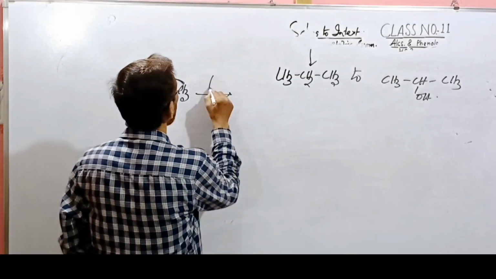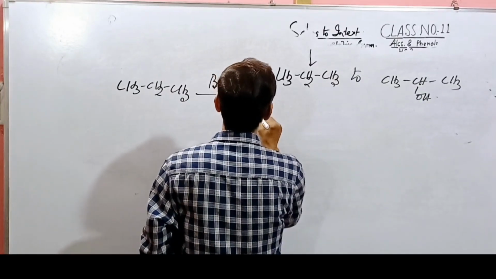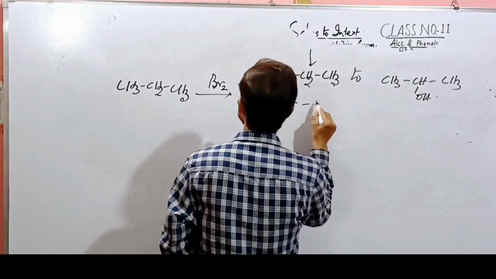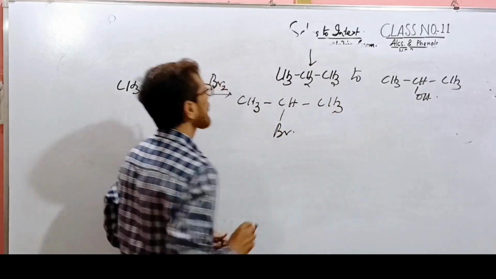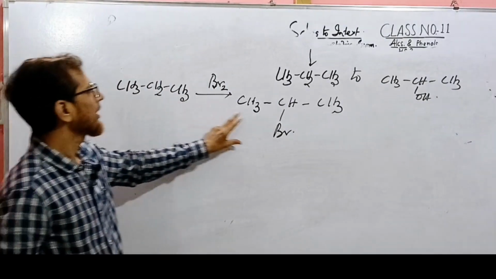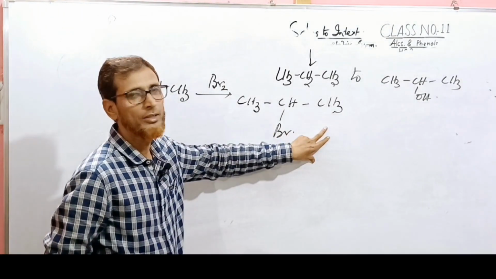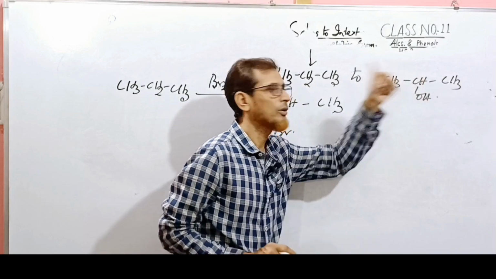So you use bromine, and you will get CH3 CHBr CH3, an alkyl halide. From the alkyl halide, our target is alcohol.